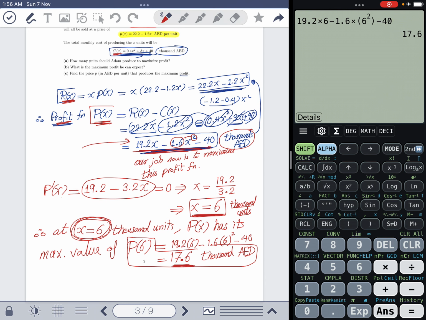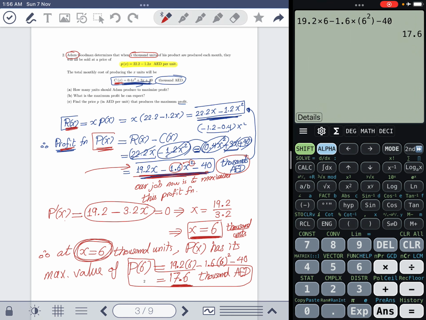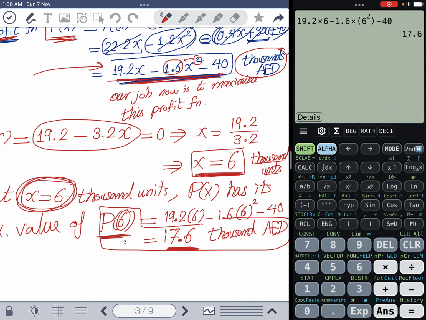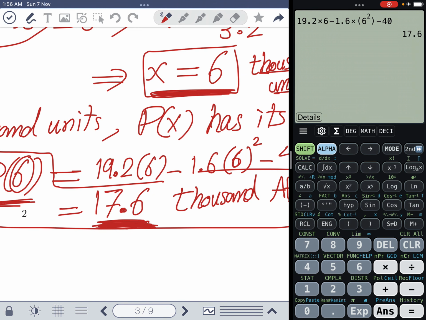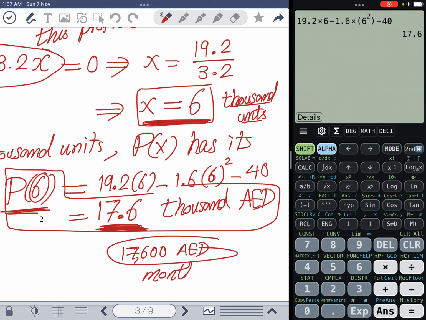If you want to speak in terms relative to Adam, you will tell him, Adam, you will reach your maximum profit when you are producing 6,000 units per month, and the profit in this case is going to be 17.6 thousand dirhams, 17,600 dirhams monthly.